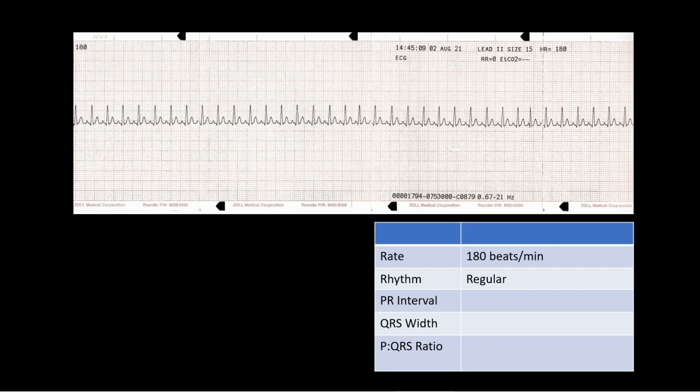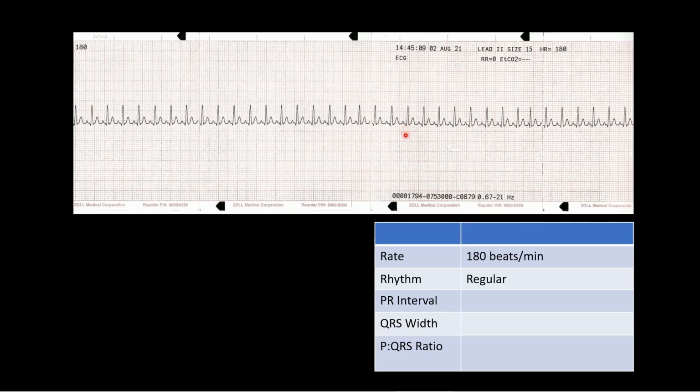We see the rhythm seems to be regular. The distance between any two QRS complexes seem to be about the same. They seem to pop up at regular intervals, no variance between the gaps on one to the other. And so now we'll say, okay, they seem to be regular, and what's the PR interval?